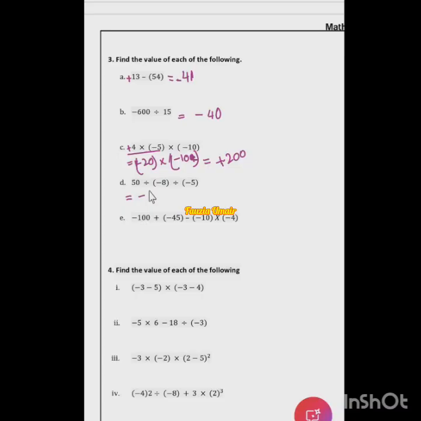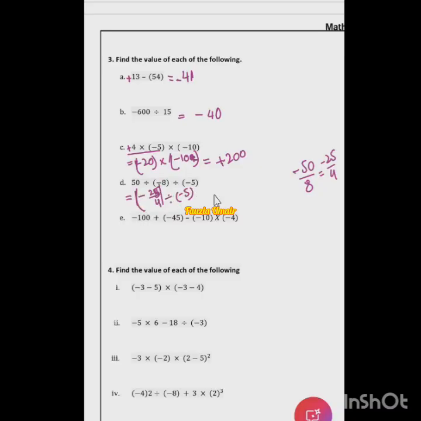Yes, simplification. If we divide by 2, minus 50 by 8, so we can divide it with 2. So it will be minus 25 by 4. We can write it down like this: minus 25 by 4 divided by minus 5.